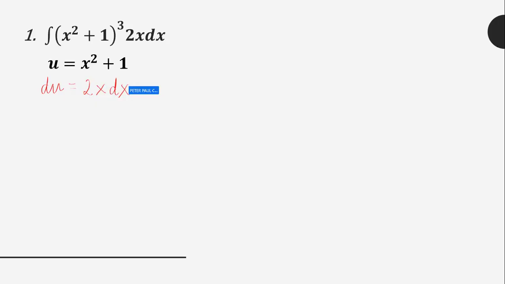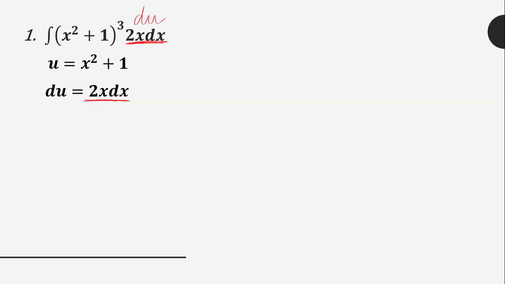Of course, the derivative of 1, which is a constant, is 0. So there's no need to rewrite that one. So that's the answer. It's du is equal to 2x dx. Okay? Observe this one. Aren't they similar? So we can actually replace this one as your du.